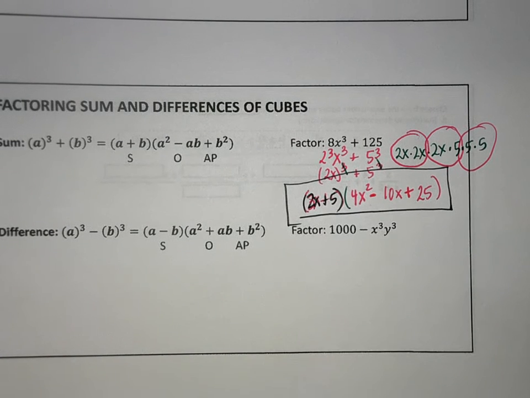So now you're going to try this next one on your own. How do we write 1,000 as a cube?